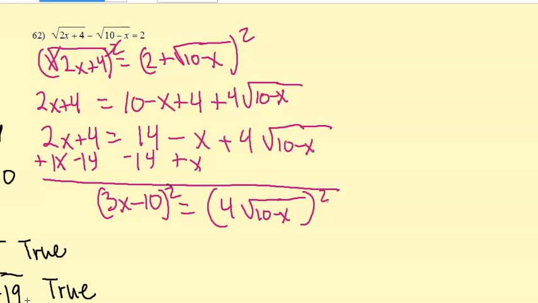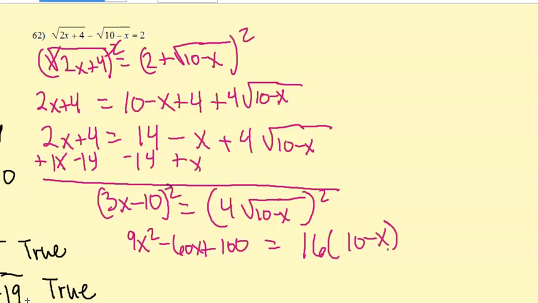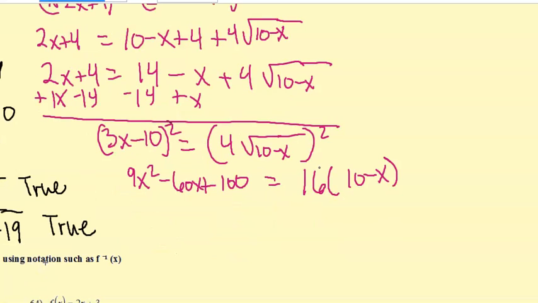We're going to raise both to the second power. If you do box or FOIL with this one, you get 9x squared minus 60x plus 100. And on the other side, you get 16 times 10 minus x. If you distribute that 16 into each of those terms, you get 160 minus 16x.